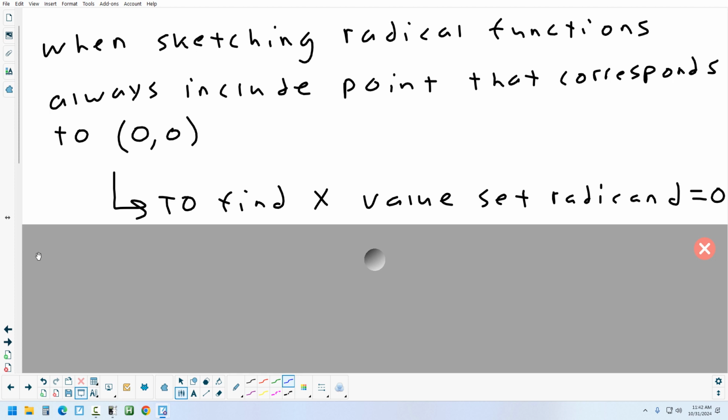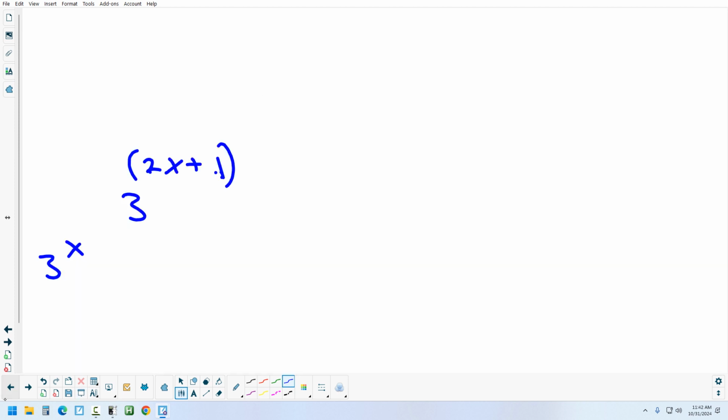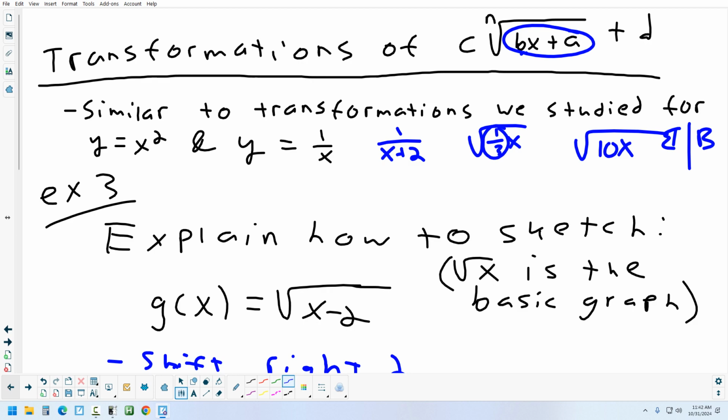Now, the reason you don't need to do anything else except the radicand for this step is because we're looking for the new x value. A and B are the only two things there that affect horizontal movement. C and D would be vertical stuff. C and D will have no effect on the x values. Okay? So we'll worry about C and D when we find the y.